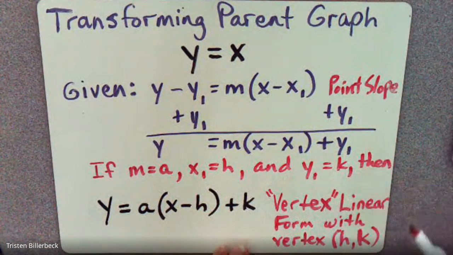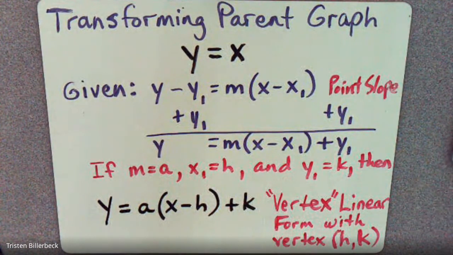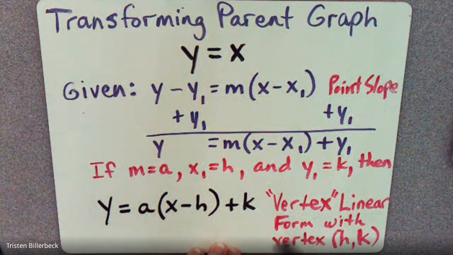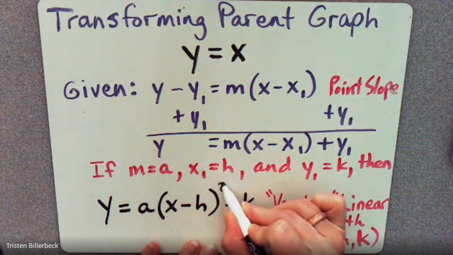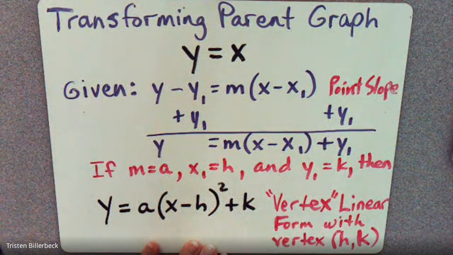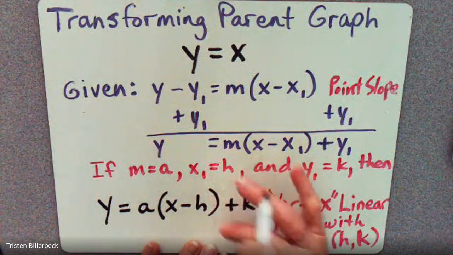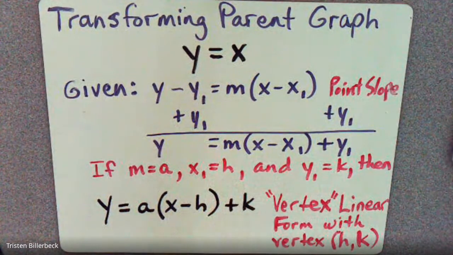It's like a vertex linear form. I just made that up, so you won't see that in a book. If you had a little square here, you would have the vertex form of a parabola, but we're only talking about linear equations.